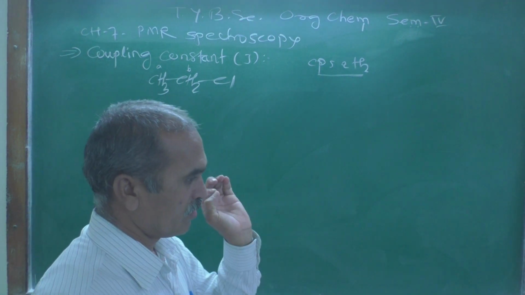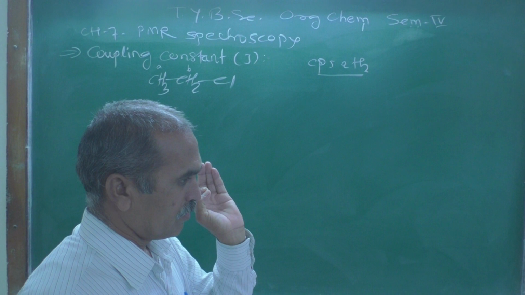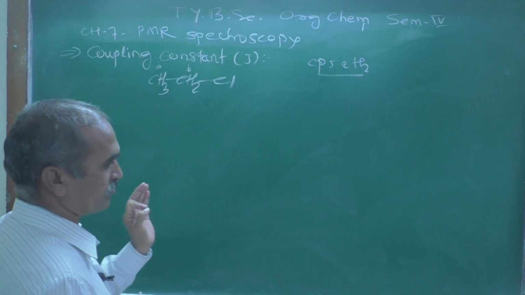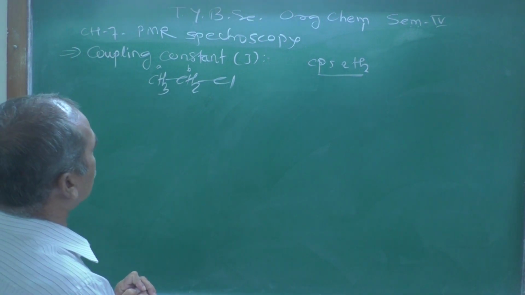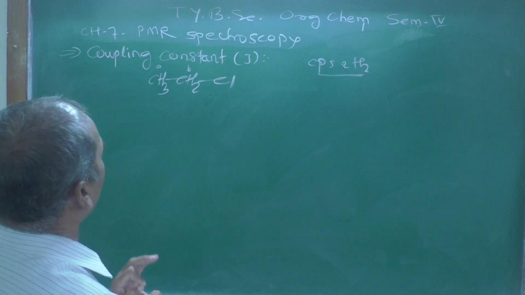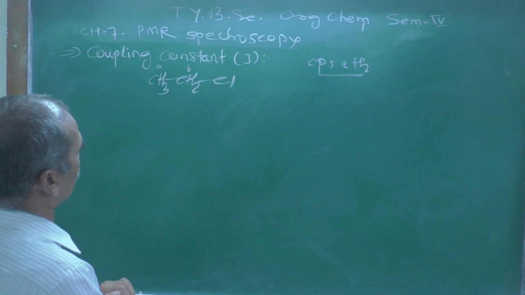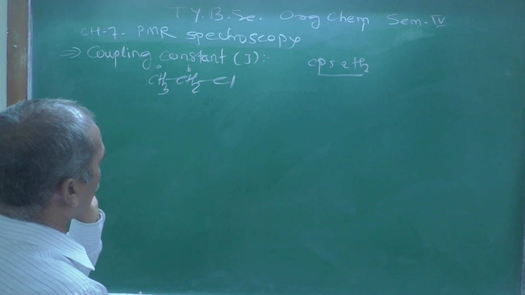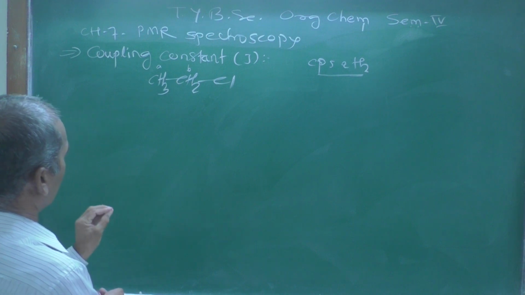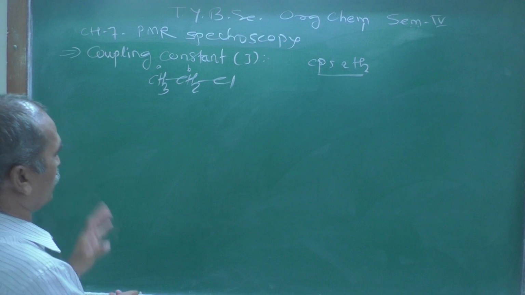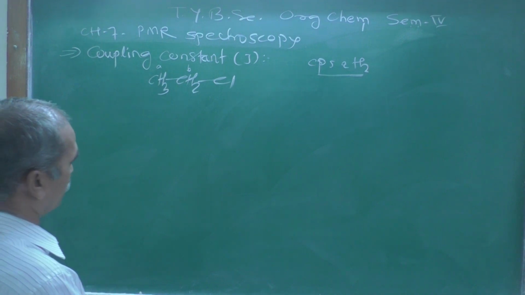if you observe the spectrum in PMR, you will find there are two signals, one corresponding to the methyl proton and another corresponding to the methylene proton, right?